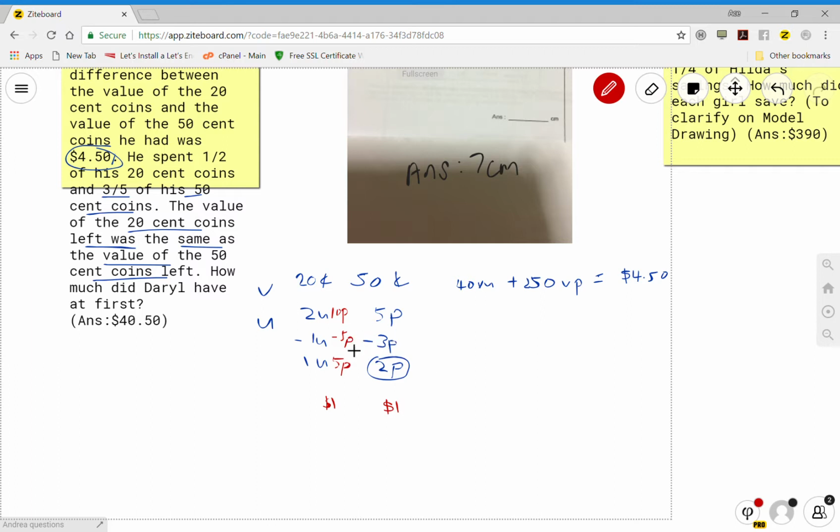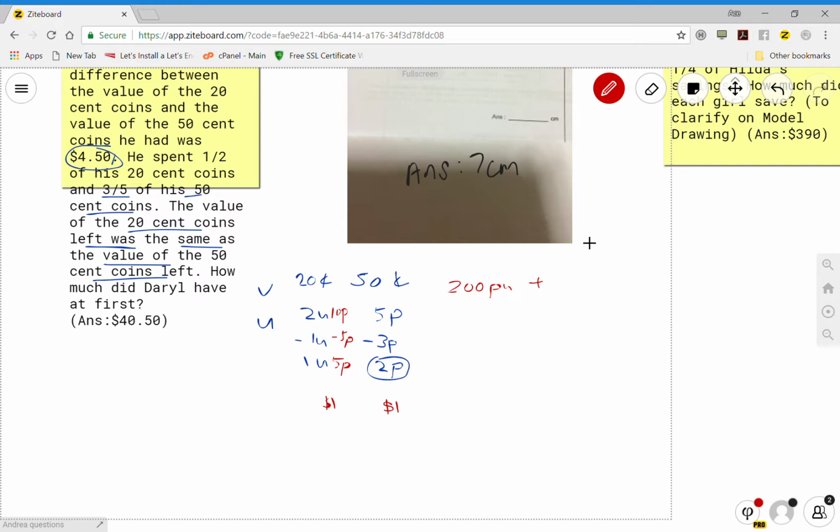Okay, so now I convert everything to parts. Right, convert everything to parts. So initially 20 times 10, that's 200 VU, plus 50 times 5.